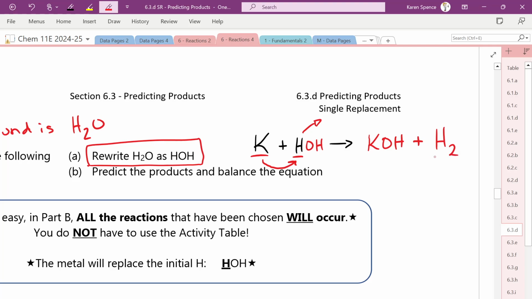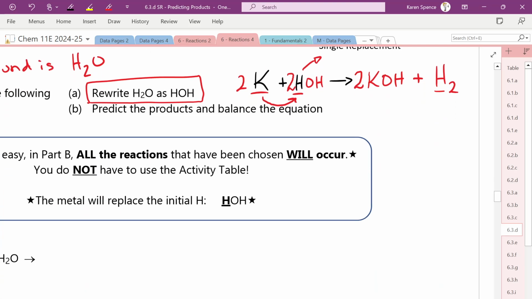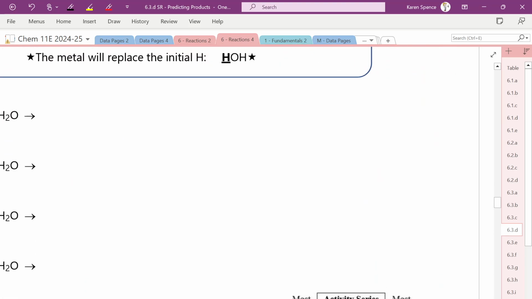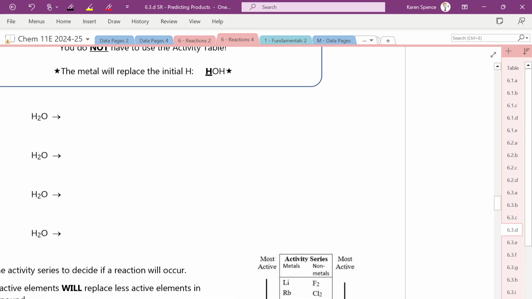Which means now we have 2 hydrogens, so we need 2 hydrogens. We've got 2 hydroxides, so we need 2 hydroxides, and that'll give us 2 potassiums. Okay, so you can do parts A and B, which is page 63 and the top of page 64, and then we'll talk about the activity series.